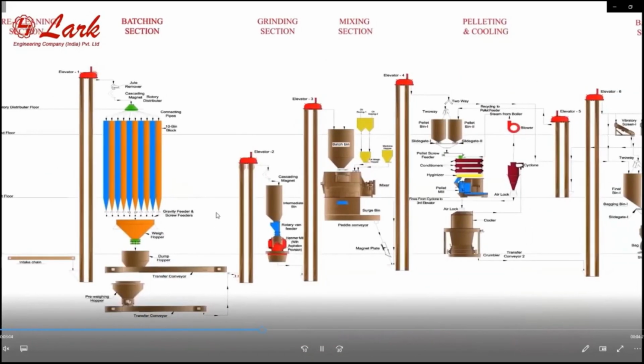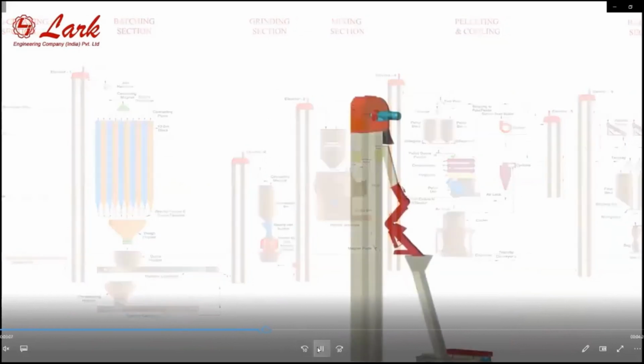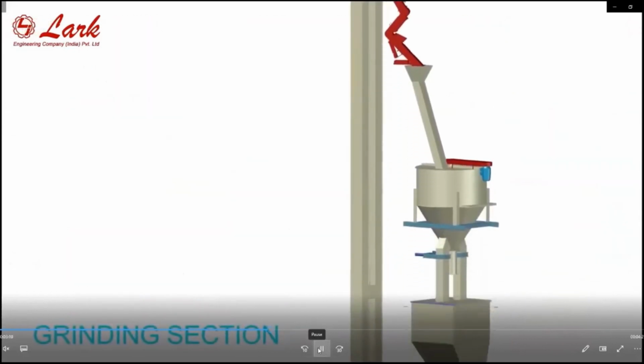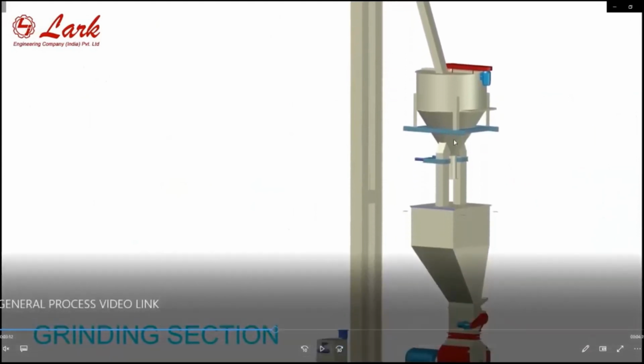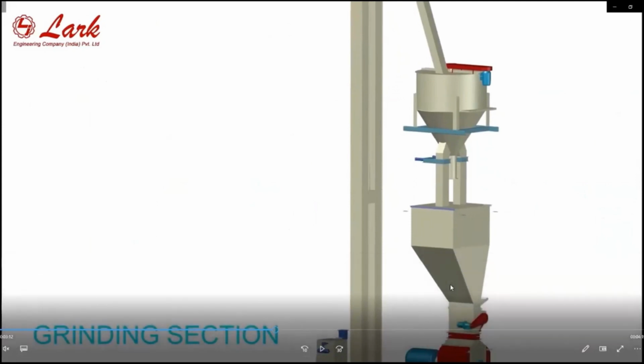Then after batching, the next process is the grinding. One more innovation we did in the grinding process is pre-mixing before the grinding, especially in cattle feed and poultry or broiler feed, which have quite a good ratio of fibrous material and grains. A hammer mill performs better if the fiber and grain ratio is good and it is properly mixed, because it is very difficult for a hammer mill to grind fibers at a fine screen.